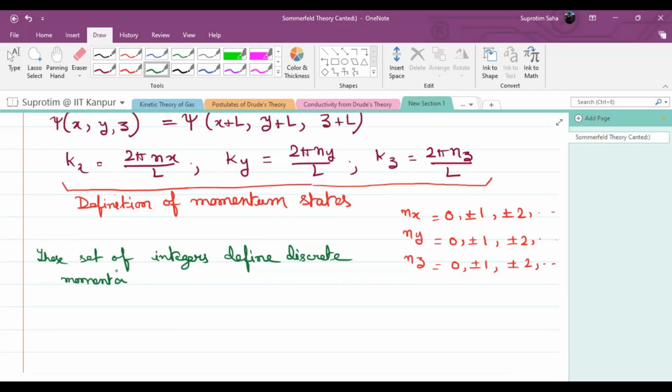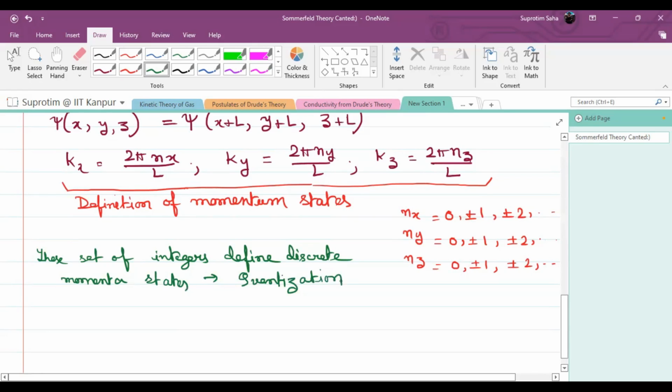Because we are using quantum mechanics, we automatically have this quantization of the wave vector, since not every value of the wave vector is possible. There are only certain integers that will be multiplied by 2 pi over L, where L is the length of the system, or in this case the cubic box that you are considering. So it will be only integer multiples. Discrete momenta states. This is quantization.